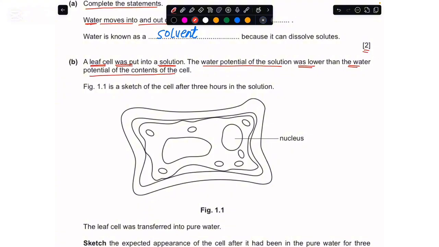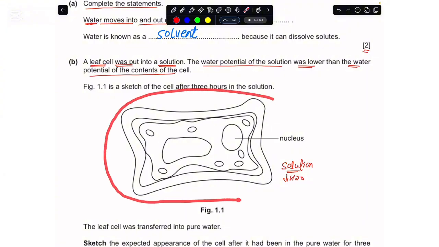Now you see that the solution on the outside of the plant cell has a lower water potential, so that would mean that the cellular content has a higher water potential and the water would move out of the cells, and as a result the large vacuole and the cytoplasm are decreasing in volume, and the cell membrane appears to pinch away from the cell wall. And this is why this plant cell as of now looks flaccid or floppy.